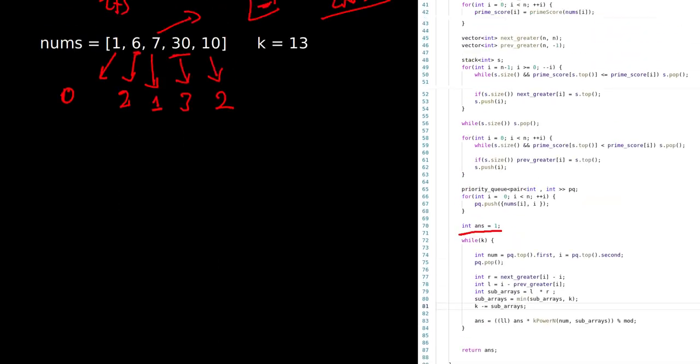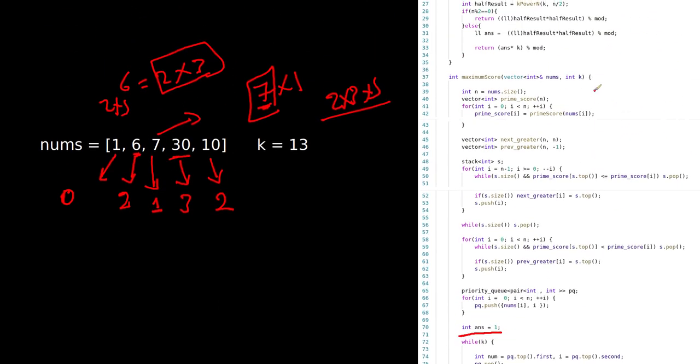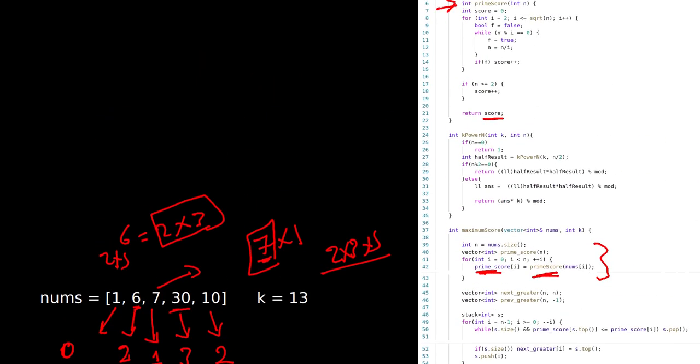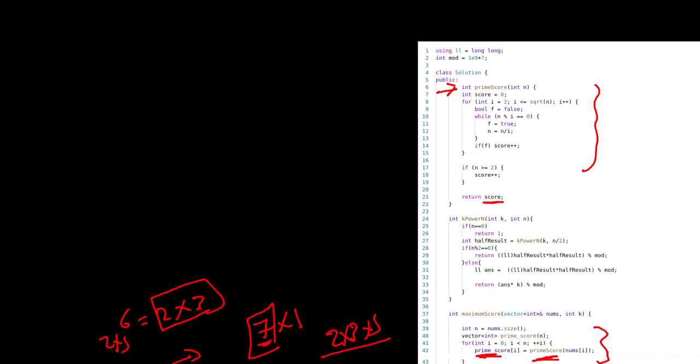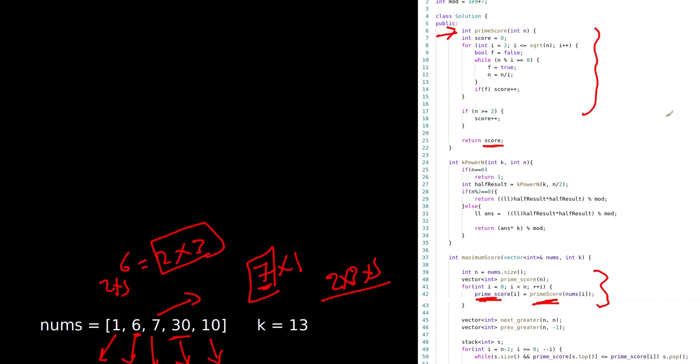And so the first step is to create a prime score vector for each of the numbers, and for each number we call the prime score function. The time complexity for this function, given a number, is square root of n.